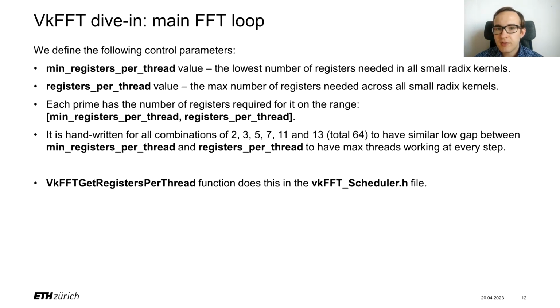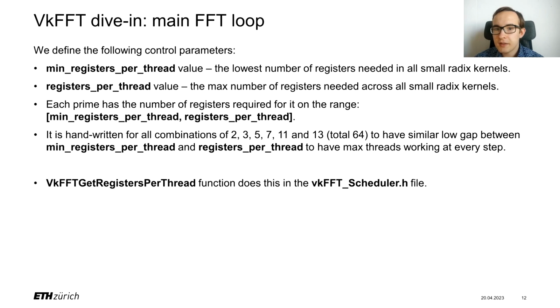On this slide, we define the following control parameters. Mean registers per thread value is the lowest number of registers needed in all small radix kernels. Registers per thread value is the maximum number of registers needed across all small radix kernels. Each prime has the number of registers required for it in the range from mean registers per thread to registers per thread.